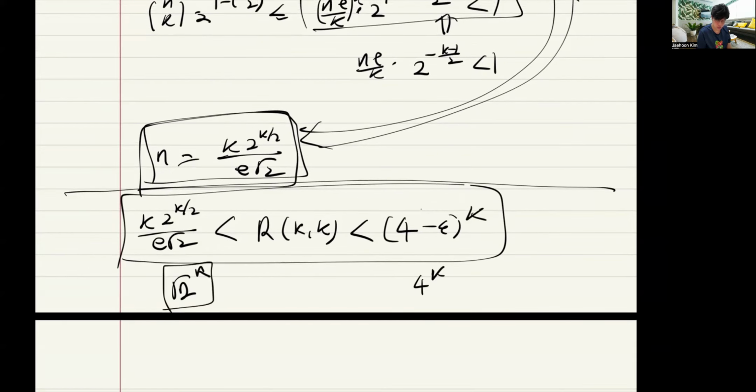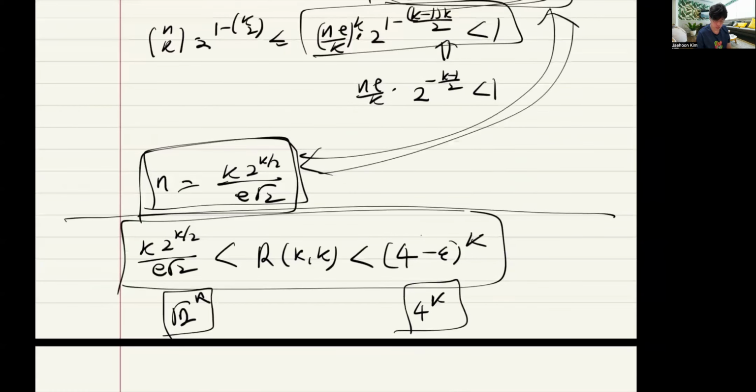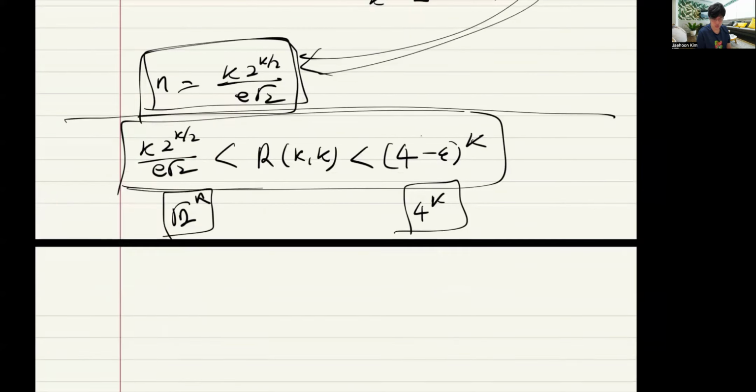So there is quite a large gap between them. But this is pretty much the best we know. We will later improve this a bit more, but just the constant. So here, this is a constant, this is a function of k, and we will show that we can get a better constant. But essentially, not much improvement is known.